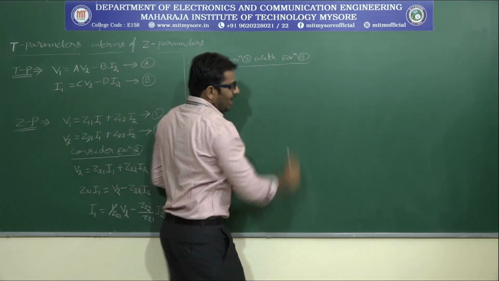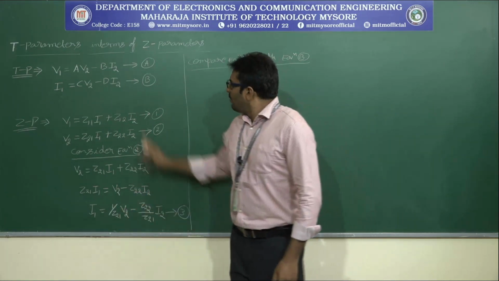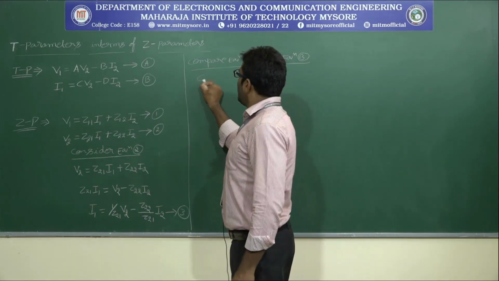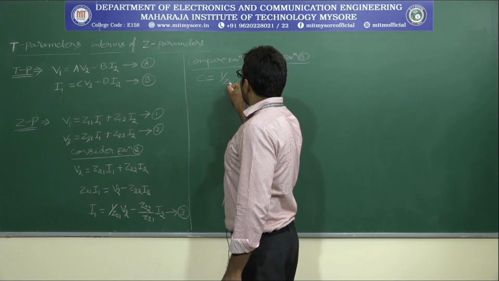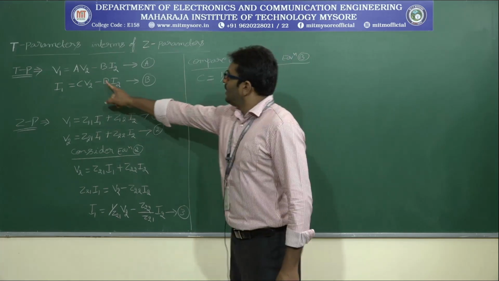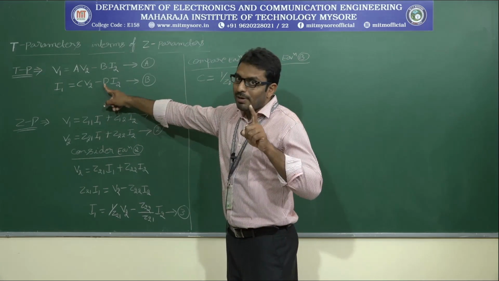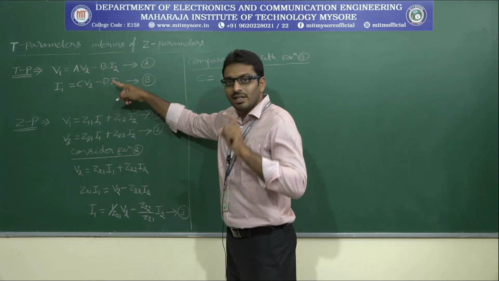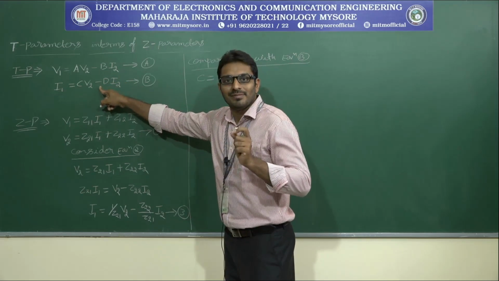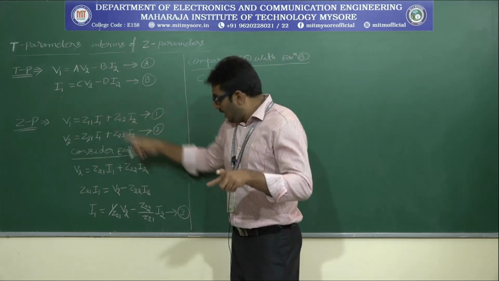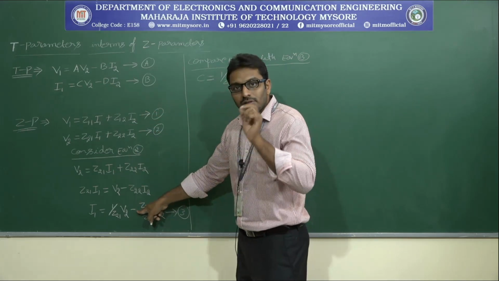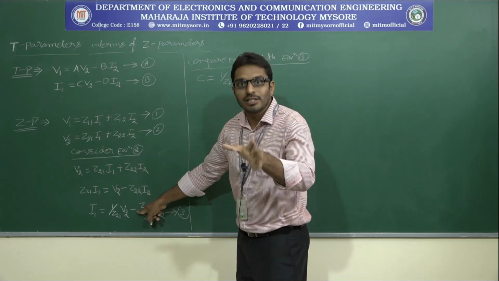By comparing equation 3 with equation B, what is C? C is equal to 1 by Z21 and D is equal to, please remember, in the standard equation itself the minus sign is there. So you should write the comparing equation also in the form of minus only.